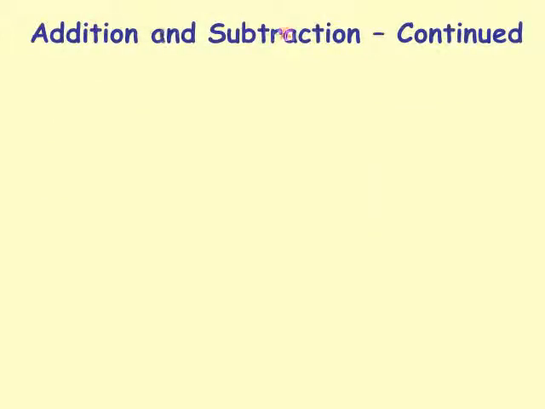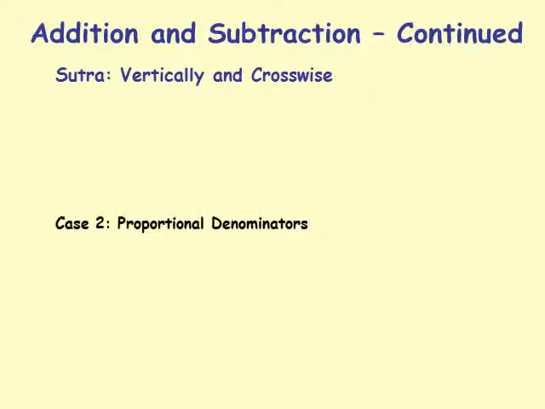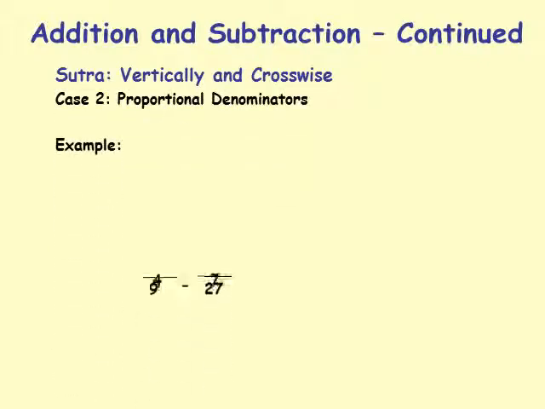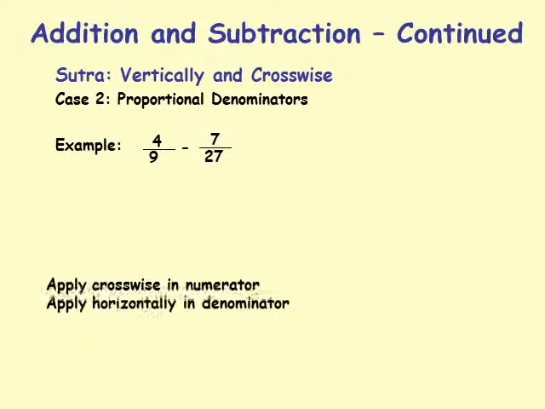Let's continue with the same example here. Now we apply the sutra vertically and crosswise. The example is 4 divided by 9 minus 7 divided by 27. 27 is a multiple of 9, so these are proportional denominators. Let's see what we do.